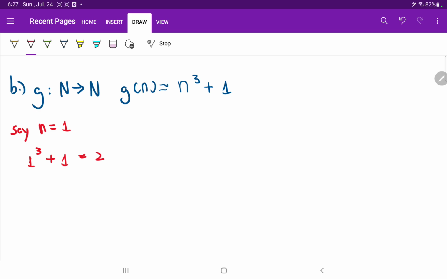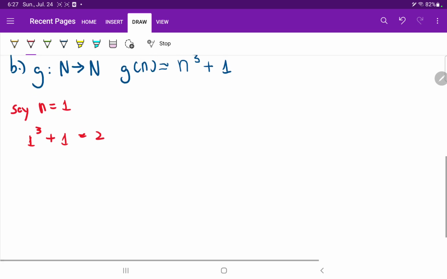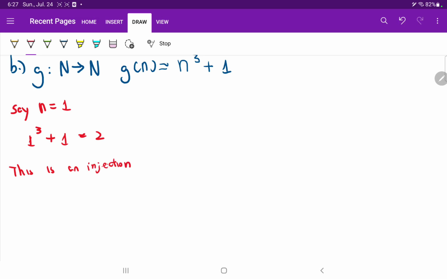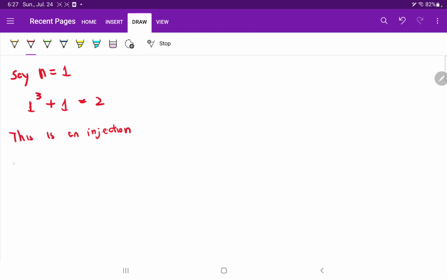What about injective? Well, this is an injection. And one of the injective definitions is that if f(x1) is equal to f(x2), then x1 must be equal to x2.